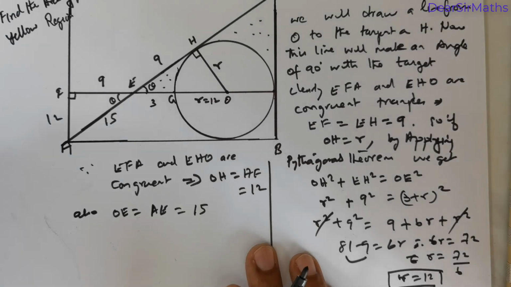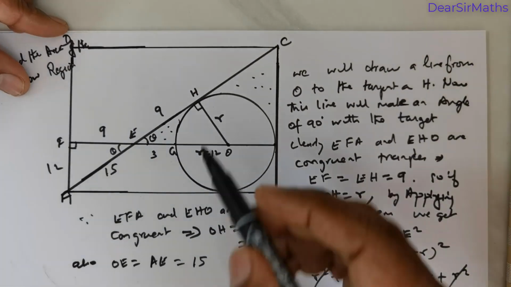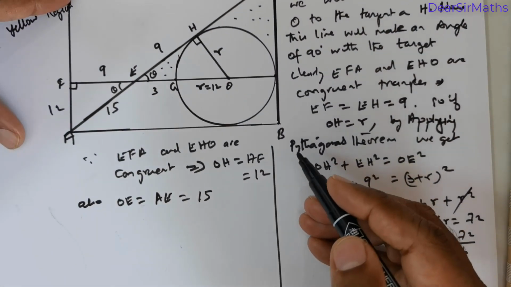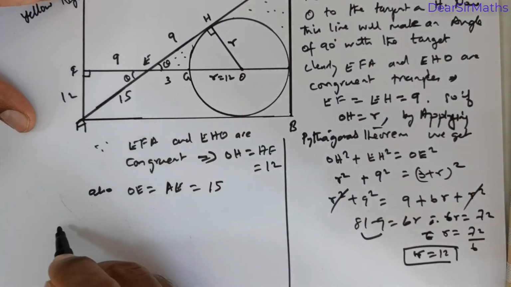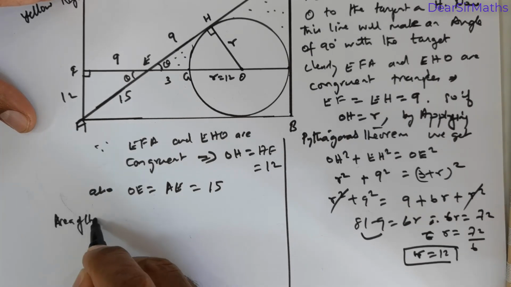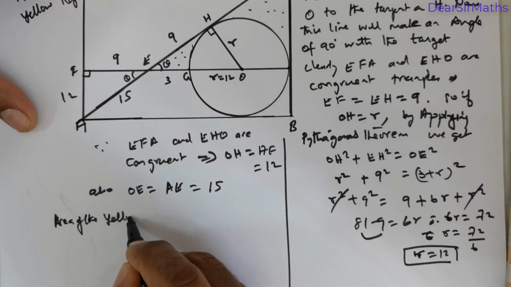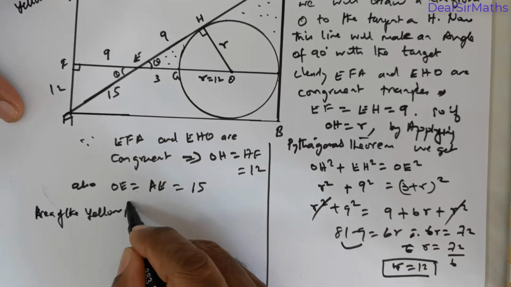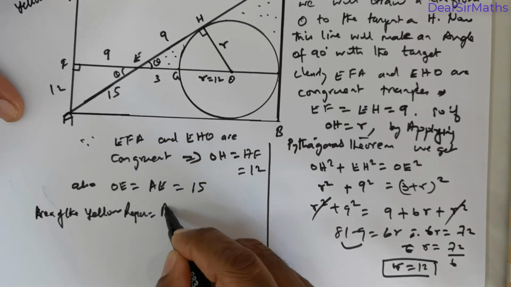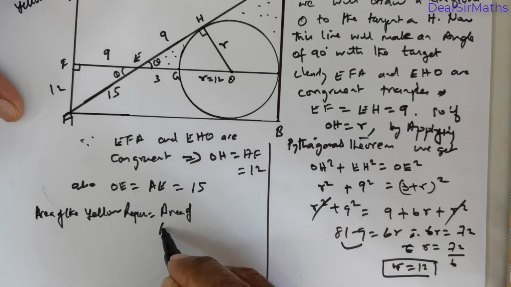Now what we are to do is we will have to get the area of the triangle. So we have got R. So area of the yellow region is equal to area of the triangle.